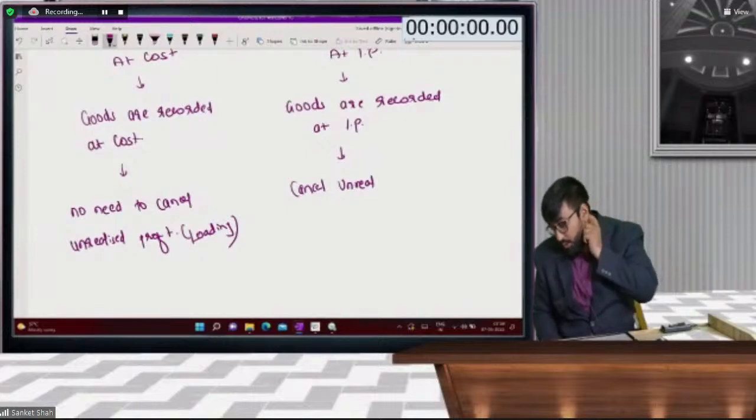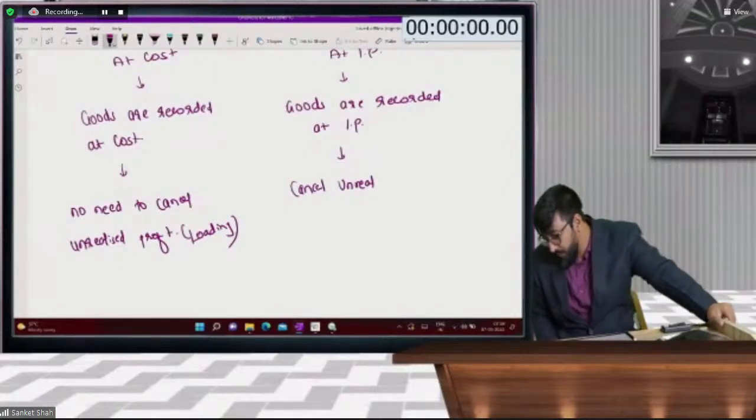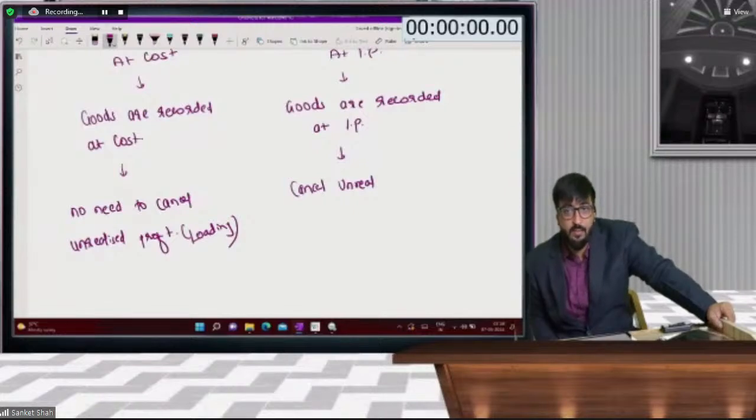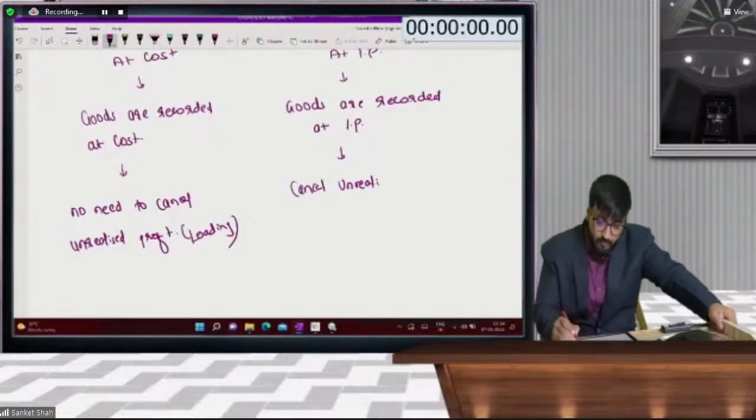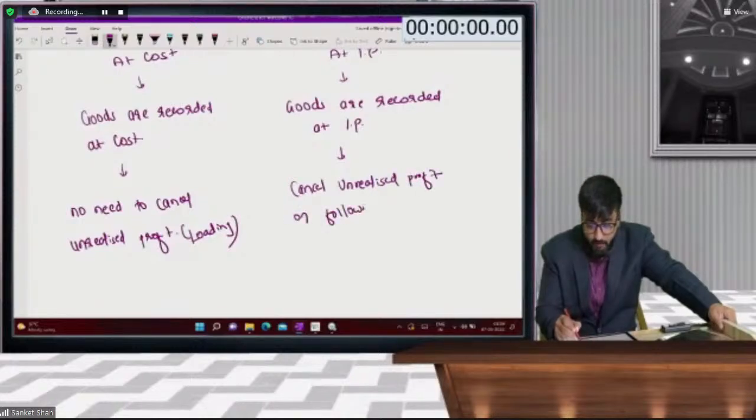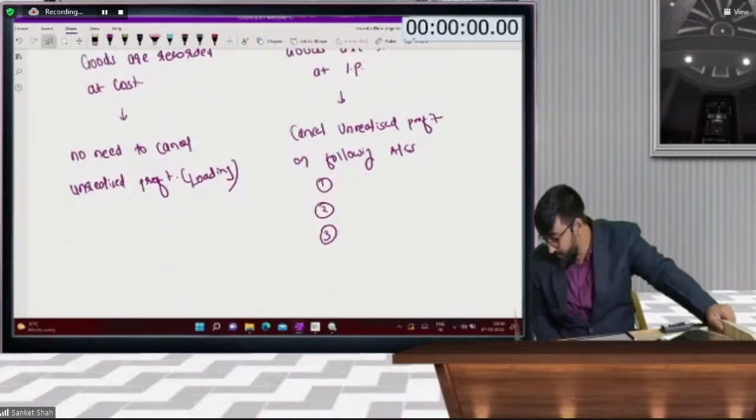Unrealized profit means loading. Cancel unrealized profit on following accounts.